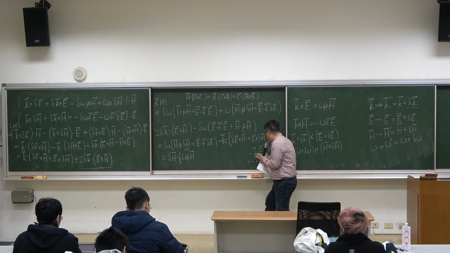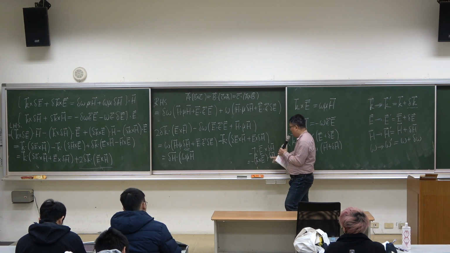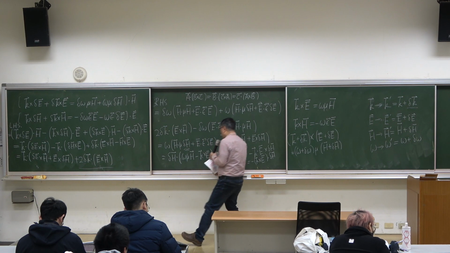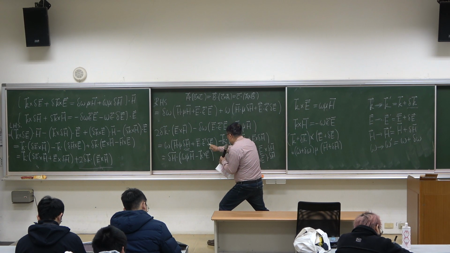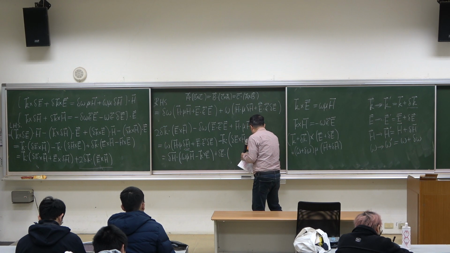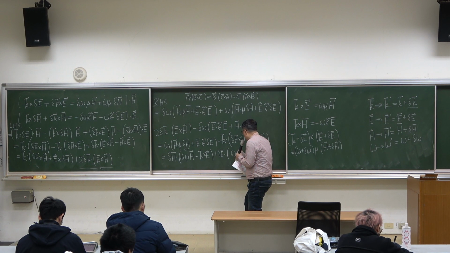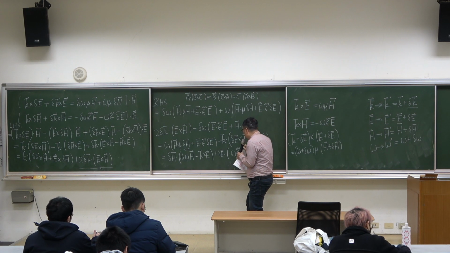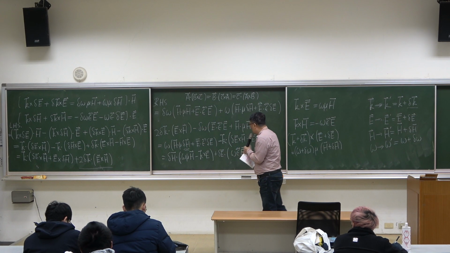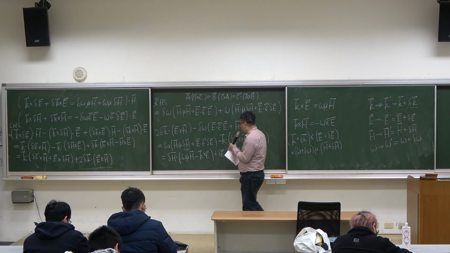Minus k cross E dot delta H. Okay, so this I can write this, and here we have delta E dot omega epsilon E. It is the same here: whether delta E goes on the left or the right makes no difference, because epsilon is symmetric. You can change the order from the right hand to the left hand because epsilon is a symmetric matrix.